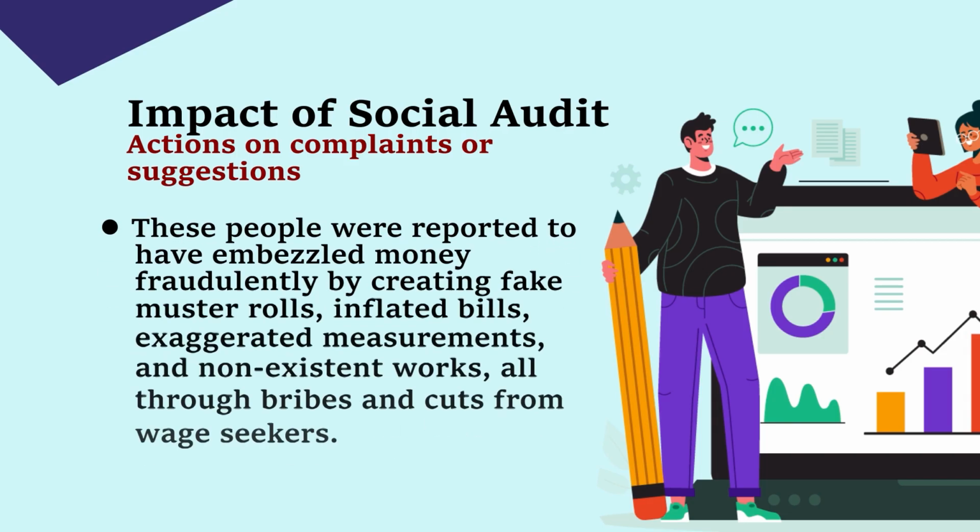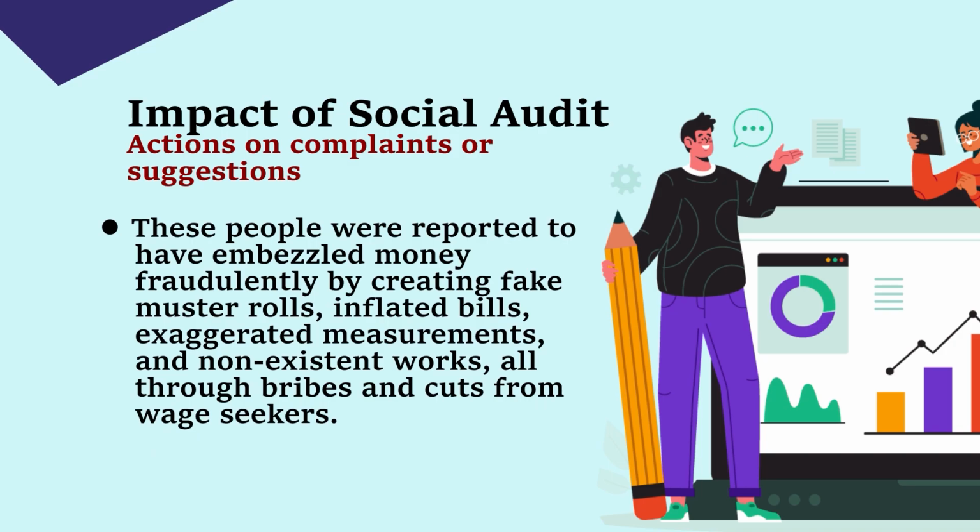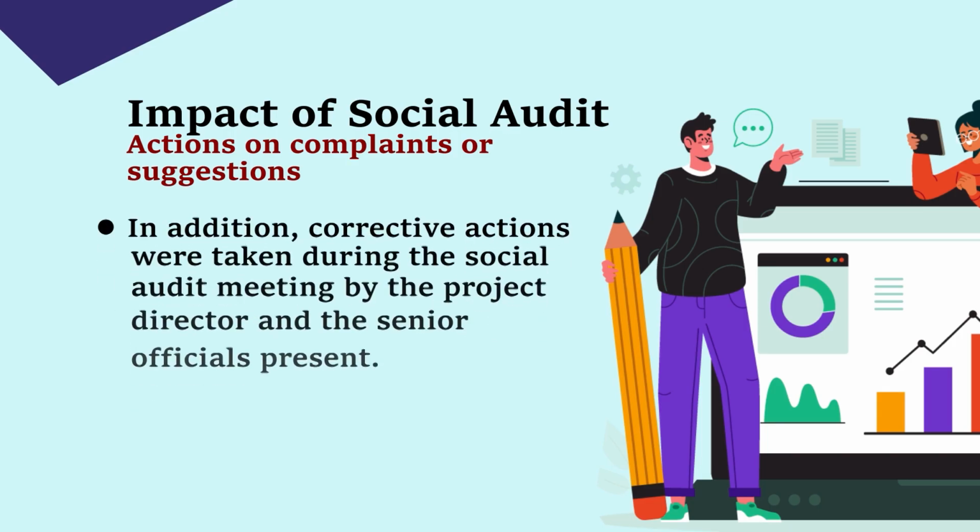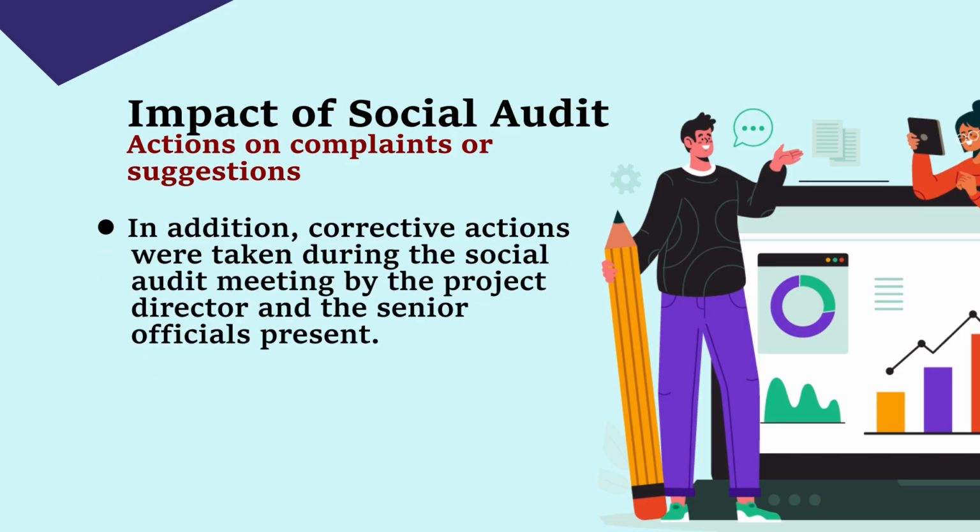They were reported to have fraudulently taken money by creating fake muster rolls, inflated bills, exaggerated measures, as well as non-existent works, all through bribes and cuts from the wage seekers. In addition, corrective actions were taken during the social audit meeting by the project director and the senior officials present.